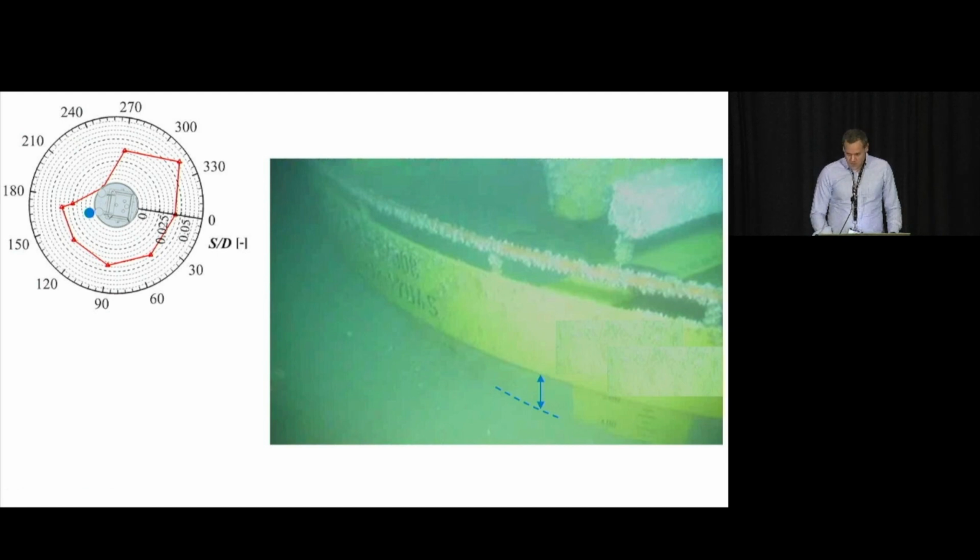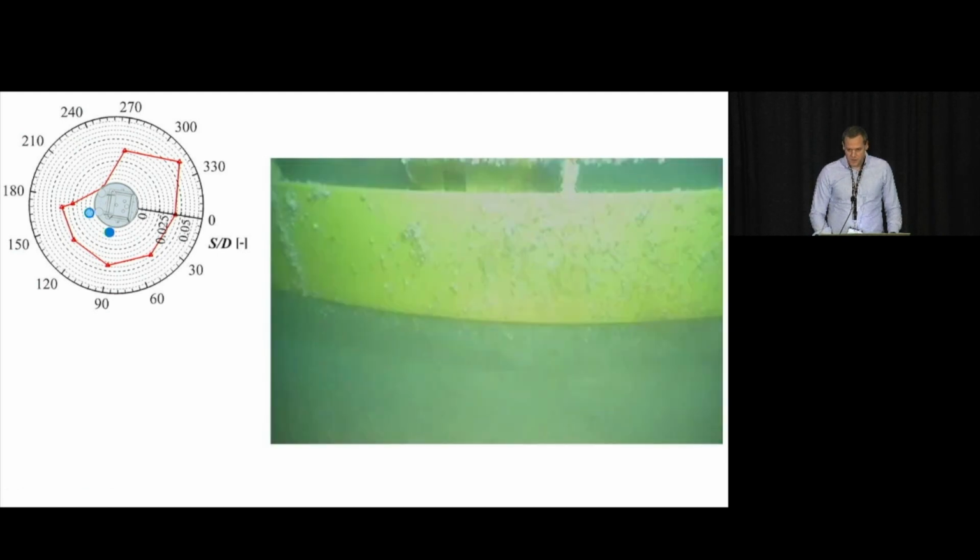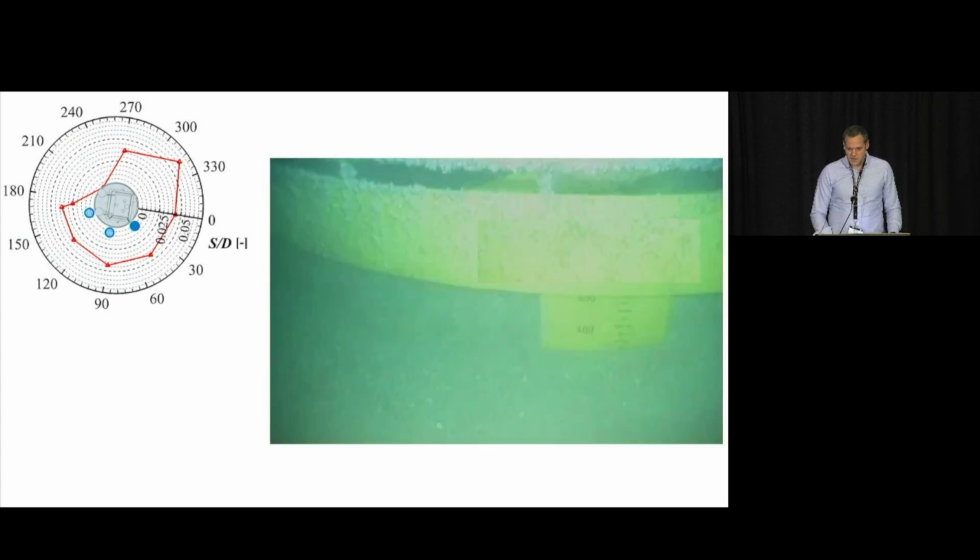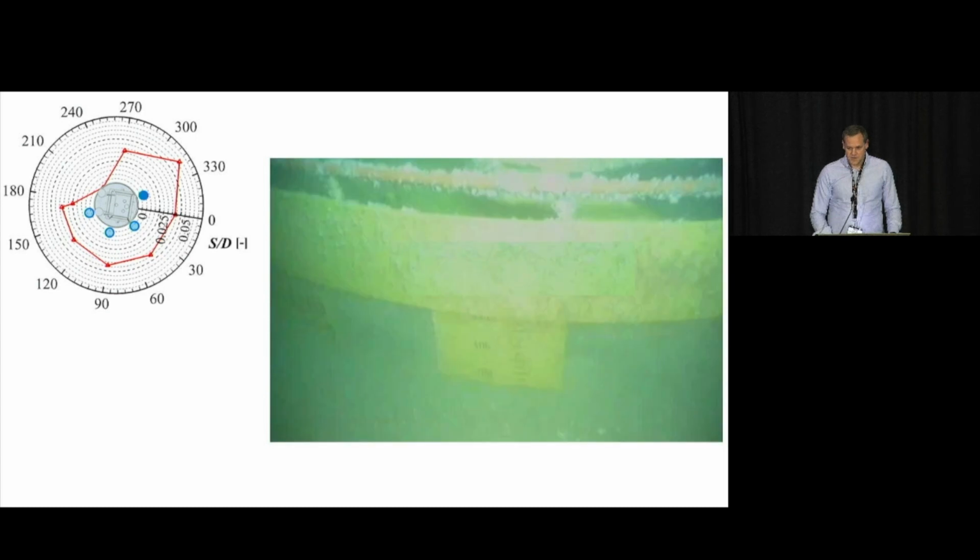As we move around with the ROV, we move to this sort of southerly part, and you can see scour depth's got a little bit bigger here. And as we continue to move around, we see the scour depth getting bigger again. On this sort of northeastern edge, we get the deepest scour depth.